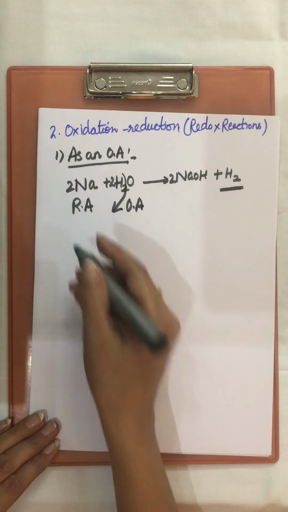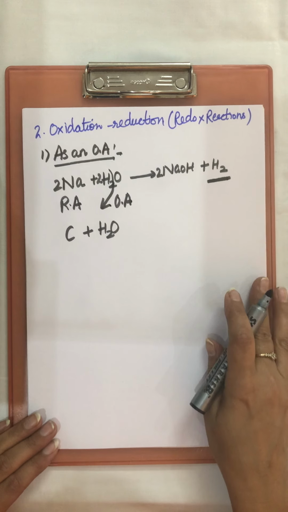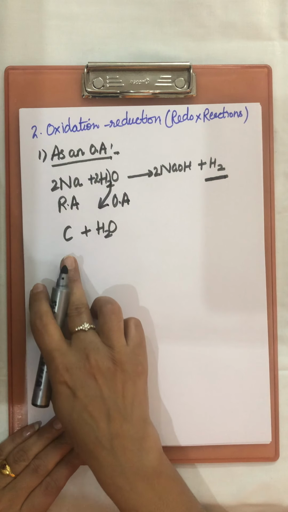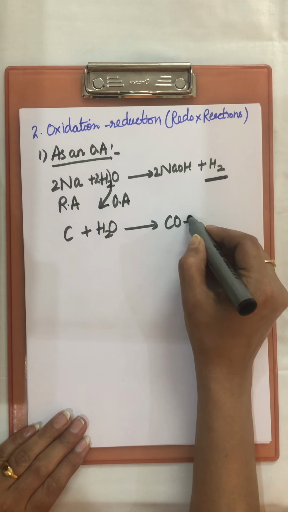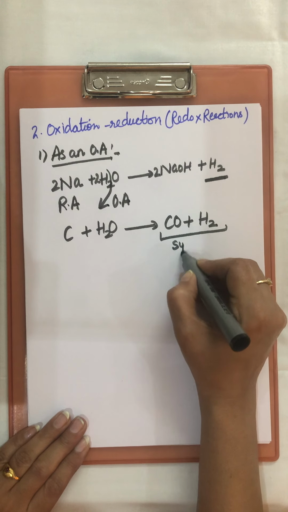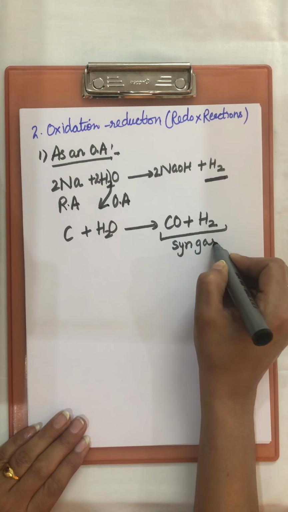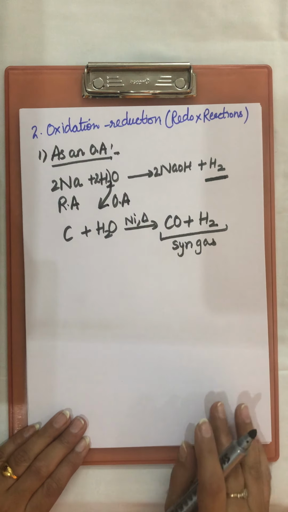Similarly, when we are passing the steam over red hot coke, then we get a mixture of CO and H2 which is called syngas or water gas. This reaction takes place in presence of nickel and on heating.